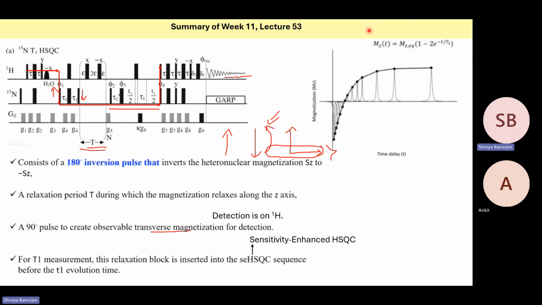This can be defined by an equation where Mz, the magnetization along the Z direction at any time t, is the equilibrium magnetization in Z, that is at the beginning, times 1 minus 2e to the minus t by T1. t is any time and T1 is your longitudinal relaxation time. So from the experiment, you will be able to find this T1 value, which is the longitudinal relaxation time.